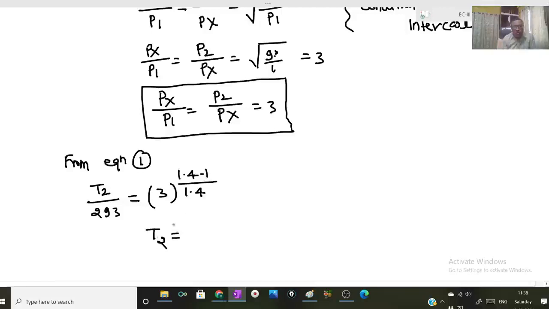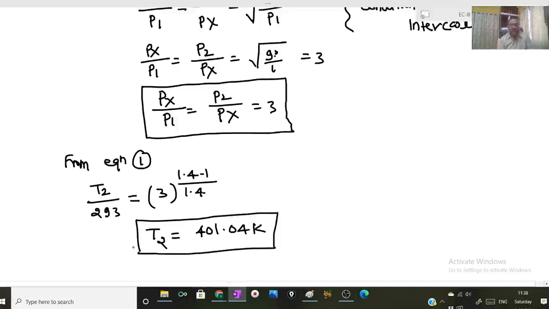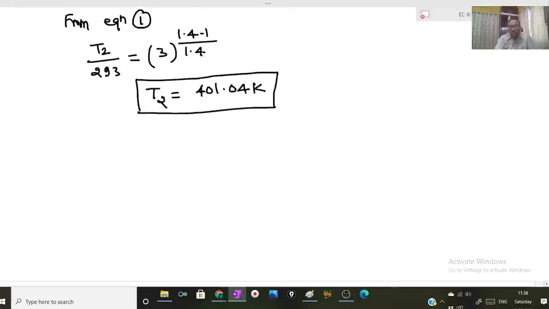So the value of T2 I will get as 401.04 Kelvin. T2 is the temperature of the compressed air after first stage.